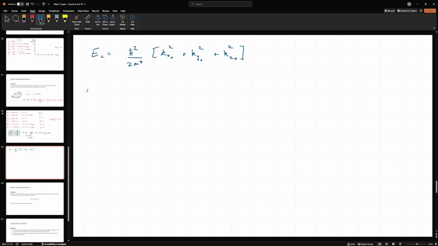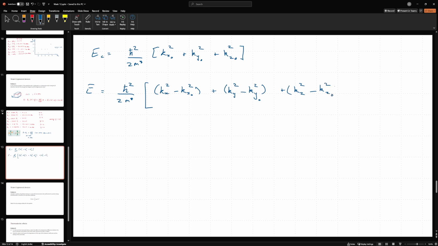So from this, I will get the total energy E to be h squared by 2m star into kx squared minus kx naught squared plus ky squared minus ky naught squared. I'm essentially subtracting, writing this as E minus EC. Plus kz squared minus kz naught squared.